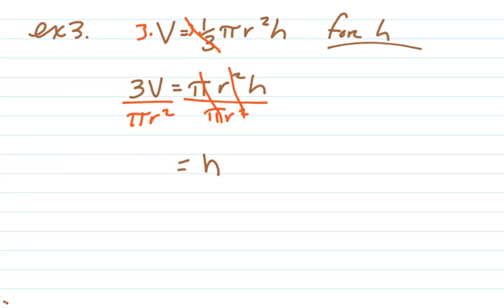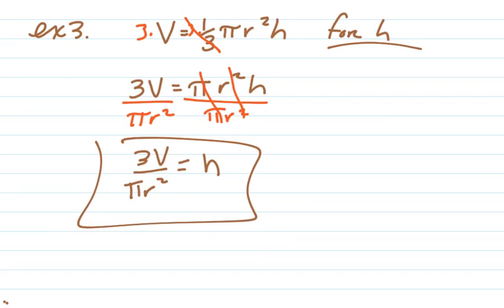So now h is equal to 3 times the volume over pi r squared. That's my answer. So if we have the volume and the radius, we can solve for the height of the cone.